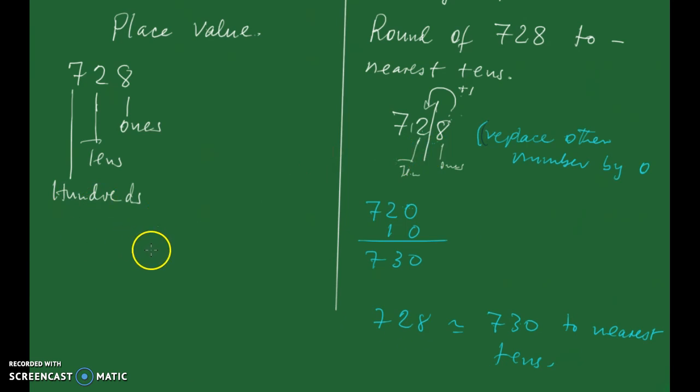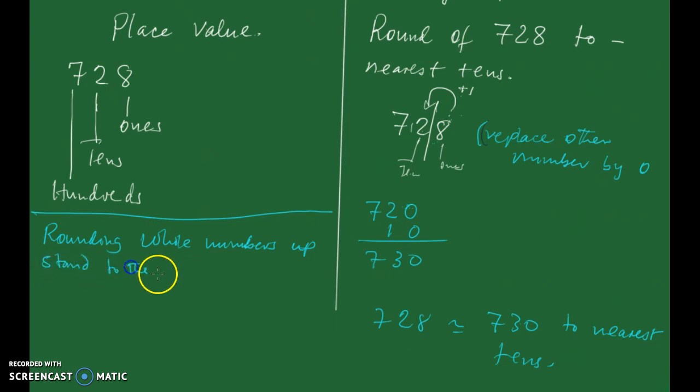So if we have to generalize, rounding whole numbers up means stand at the required digit.